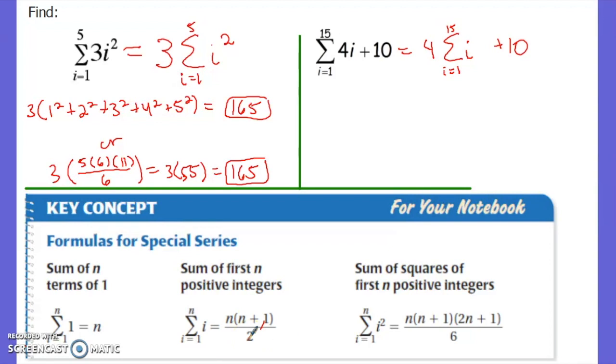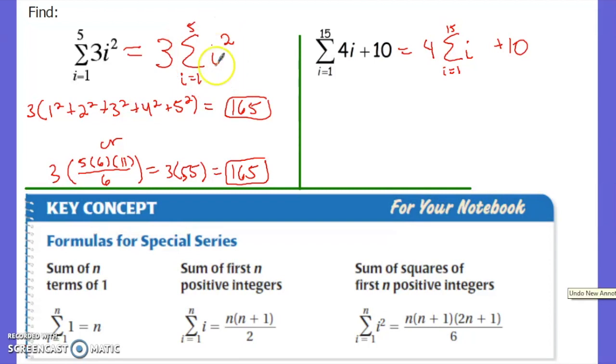Up here at the top, you'll notice I took advantage of the next formula over. There's also another power formula that says that if i squared is all I have in my summation, and my summation starts from 1, then if I have n terms, I can use this formula over here. So I said, oh hey, I have 5 terms, and this is really just the summation of i squared, just like the formula says at the bottom.